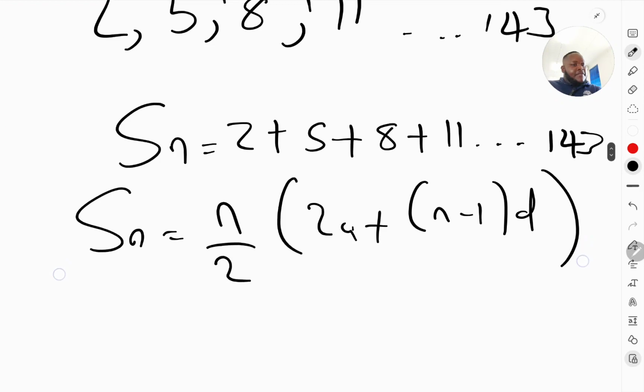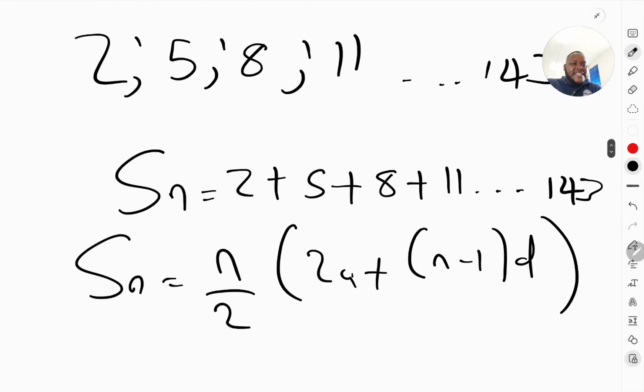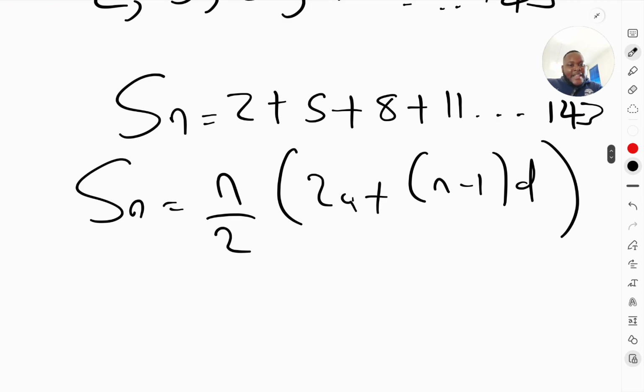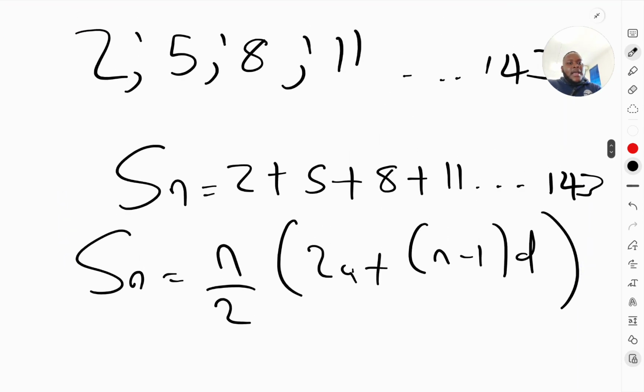So if I'm looking for the sum of all my terms, I know how many terms I'm going to add: the first term, second term, third term, up until the 48th term. I know the number of terms that I'm supposed to add.